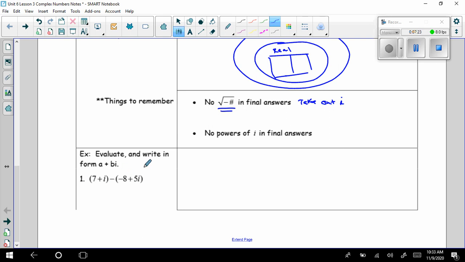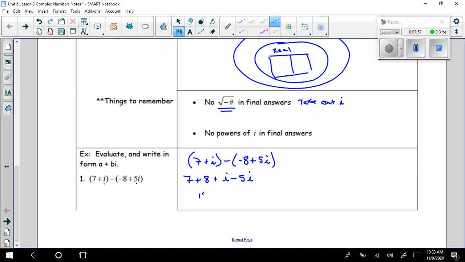All right, so we're going to treat your i's just like we would like terms, like you would a variable. They are a square root, so we treat them like we did with our equations or expressions with square roots last unit. So if I have 7 plus i minus (-8 plus 5i), I'm going to match my real terms, so 7 plus 8, and then my imaginary terms, so plus i minus 5i, again distributing the negative.